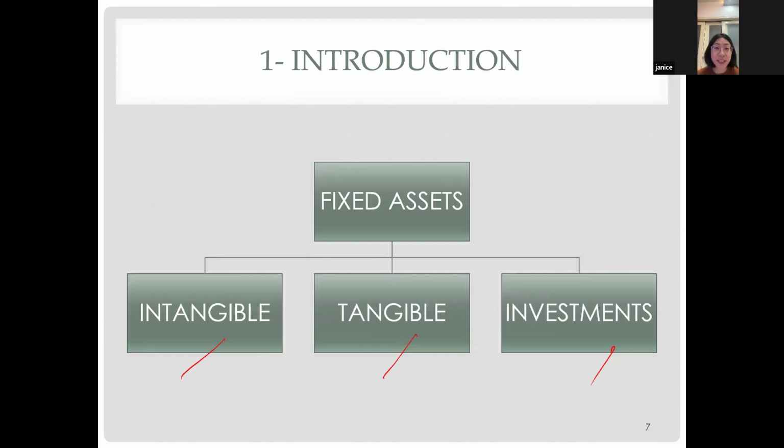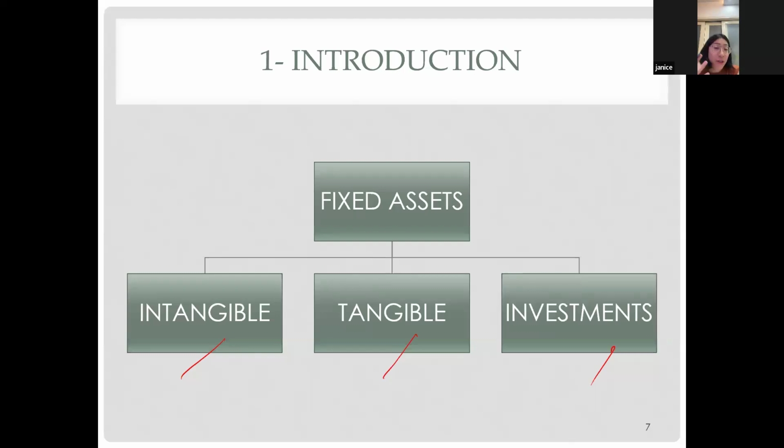And then we have the tangible fixed assets, which are property, plant and equipment. So buildings, lands, equipment, machinery, computers, cars. Those are what we call tangible assets. And then investment is like when the company has surplus cash, they may want to put this money into investment, like buying bonds, buying shares of other companies, or putting it as a deposit.